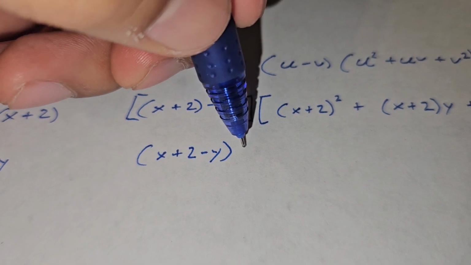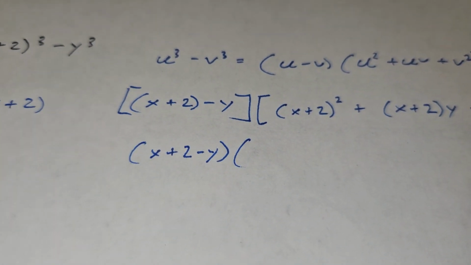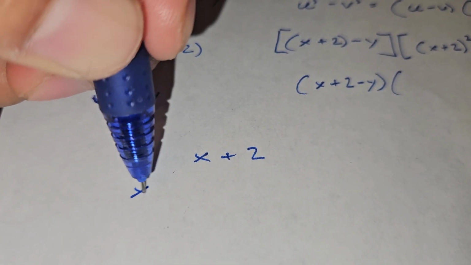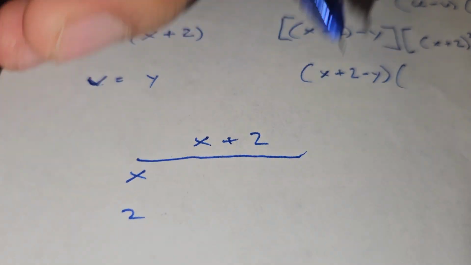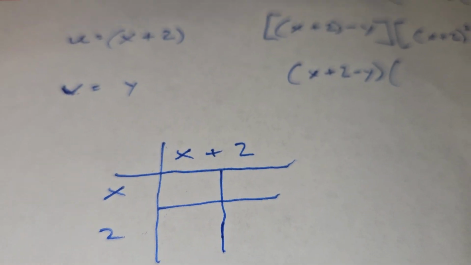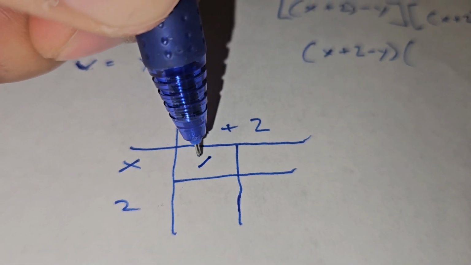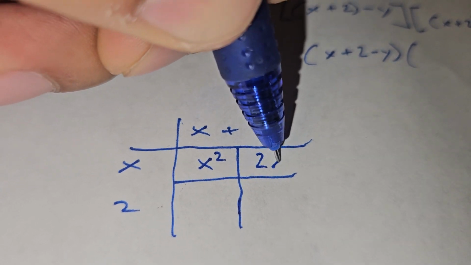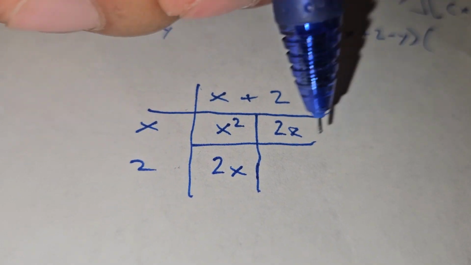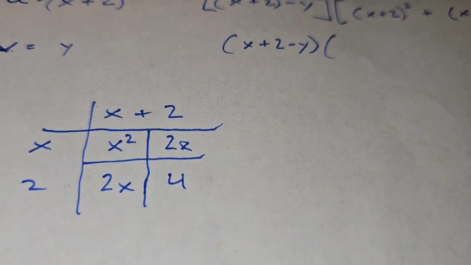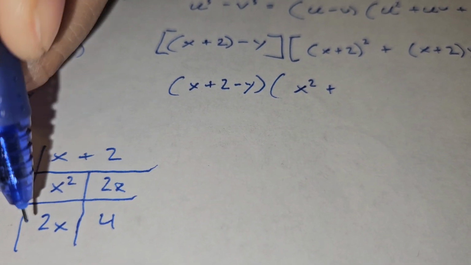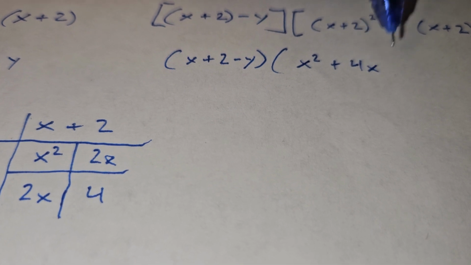Now (x + 2) squared is x + 2 multiplied by x + 2. x times x is x squared. 2 times x is 2x. 2 times x again is 2x. 2 times 2 is 4. So this gives us x squared plus 4x plus 4.